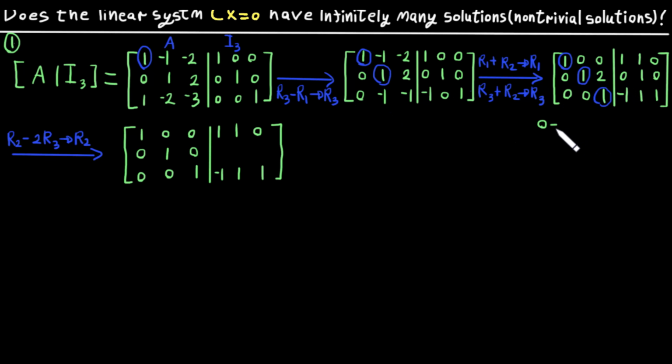Here, 0 minus 2 multiplied by row 3, which is here negative 1. So 0, negative with negative will be plus 2 multiplied by 1, which is 2. Then the answer will be 2. So here I will write 2.